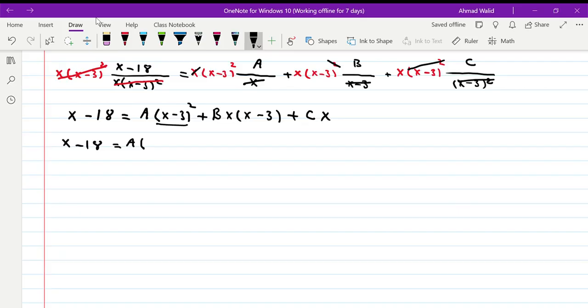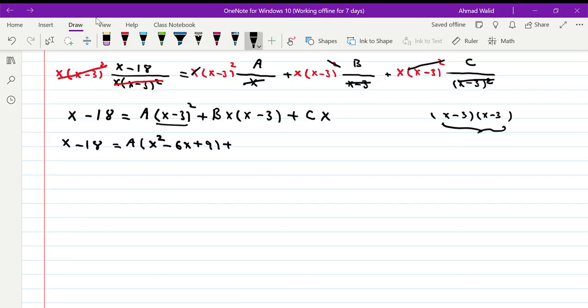If you don't remember the special product, you multiply x minus 3 with x minus 3, and you write your answer here. But if you remember the a minus b square formula, you can do this. x squared minus 6x plus 9. Believe me, when you multiply these two, you will end up with that answer.